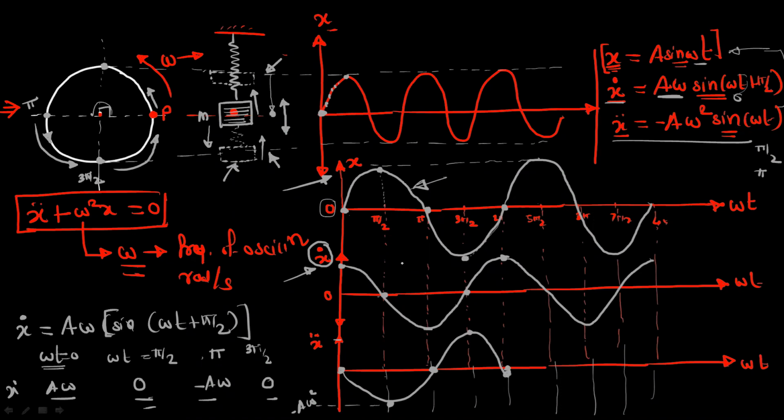And if you want to plot the phasor diagram, you must have studied the phasor diagram in BEE. So we can plot this so that we will get the difference between the phase angles.